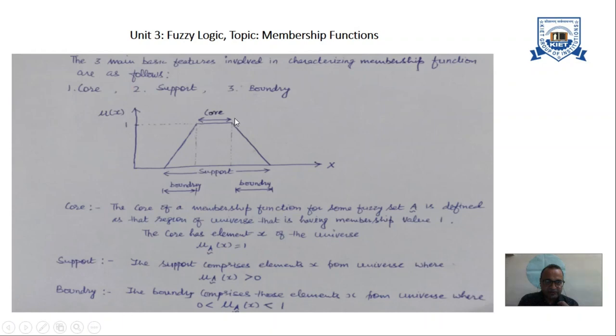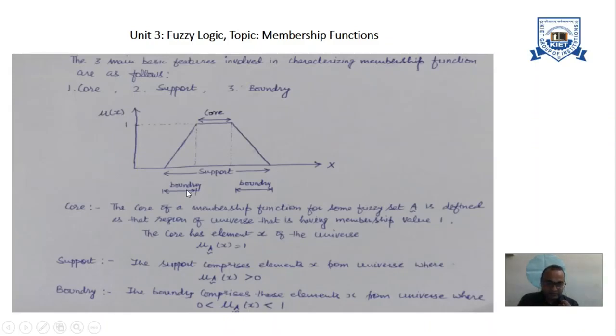There is a region which I call the core region. Core is a region in which all the elements of the universe of discourse have membership value 1. There is another region, the support region, and the support region contains all those elements of the universe of discourse whose membership value is greater than 0, right?